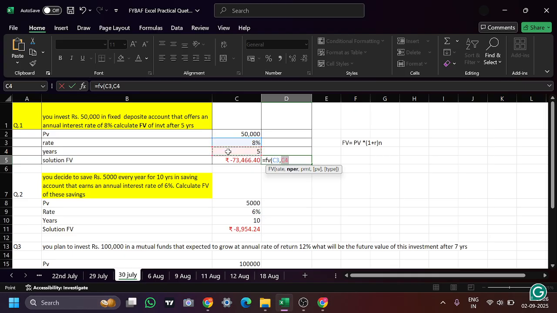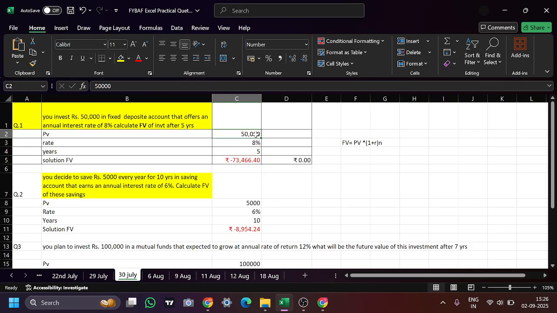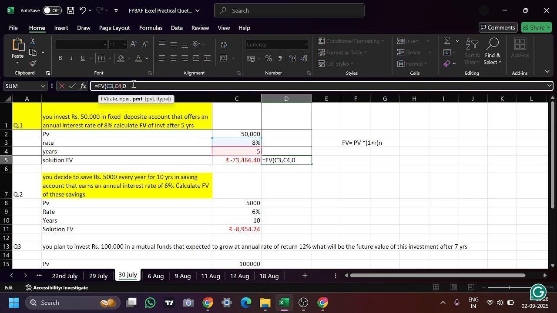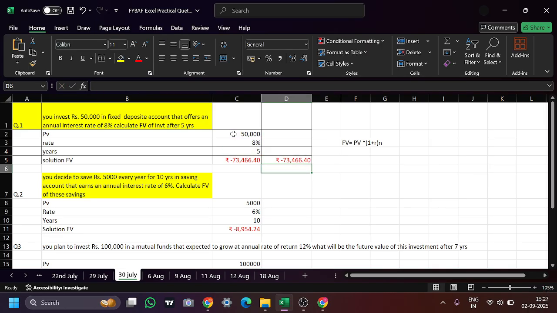That period is 5 years, comma, PMT we will consider as 0, then the next is the present value, which is 50,000, comma, again 0 as type. You will get the value as 73,466 as the future value of 50,000. I hope this concept is clear to you all. Let's move on to the next question.